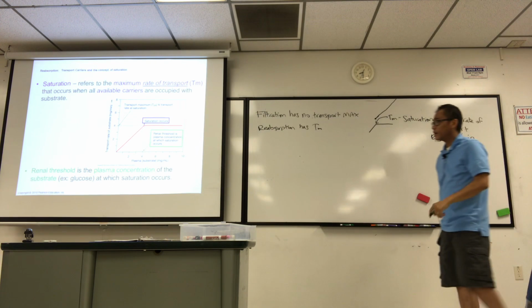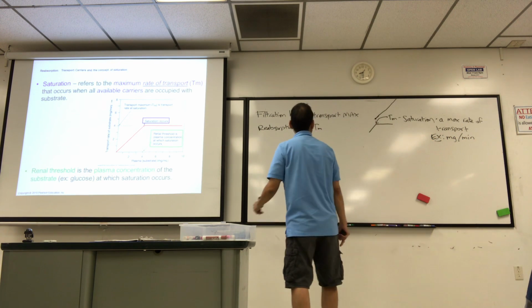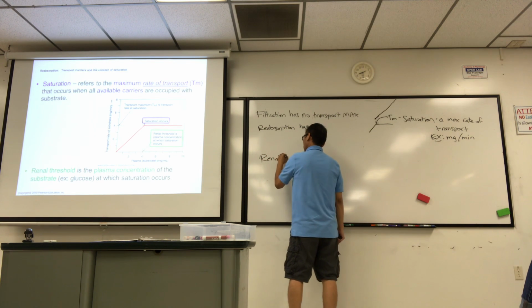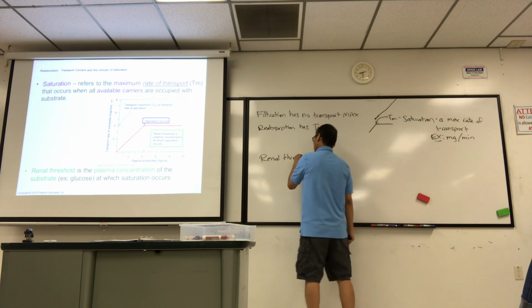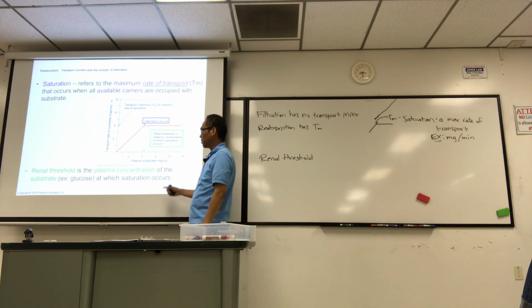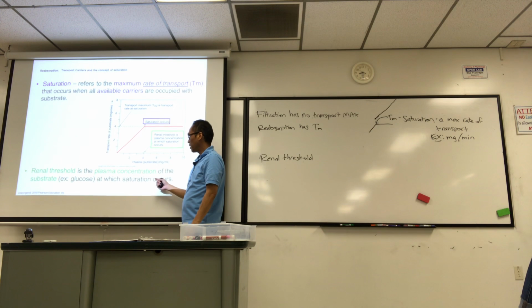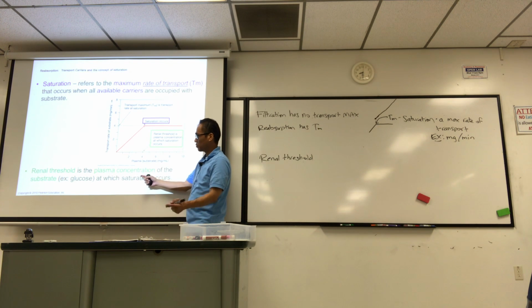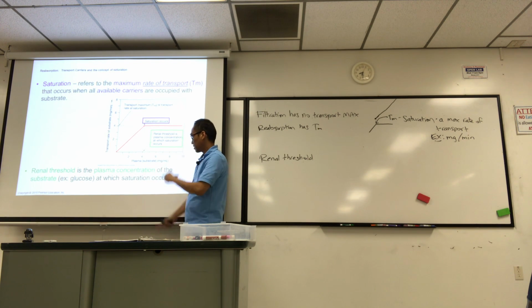The other thing I define is renal threshold. This is the point at which you excrete something into the urine. And the way we monitor it is, look at the plasma concentration in the blood. The renal threshold is the plasma concentration at which a substrate reaches saturation.